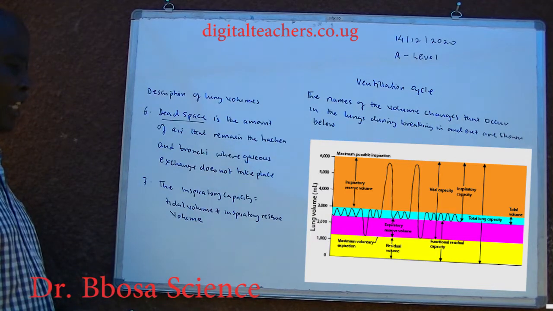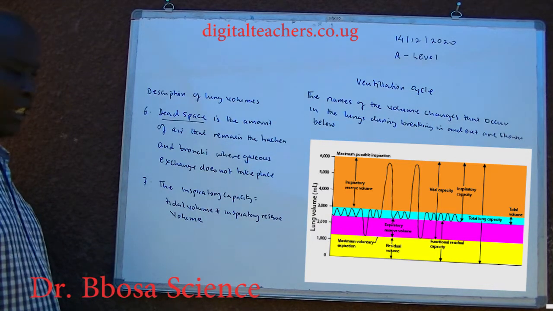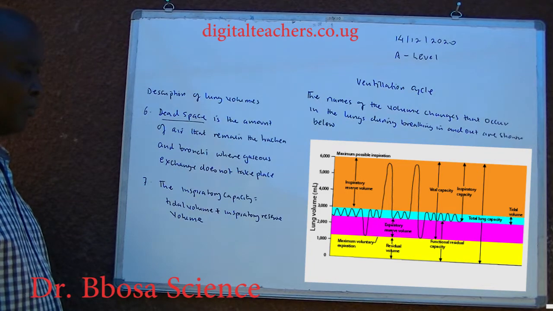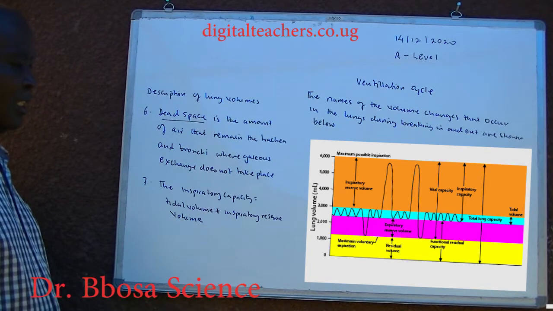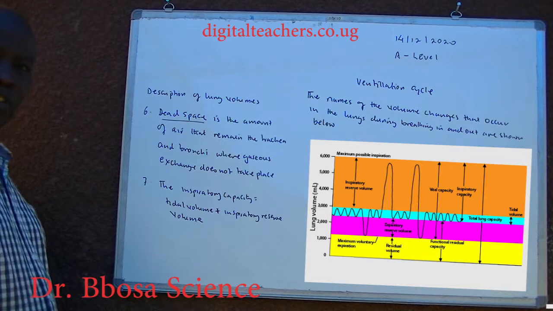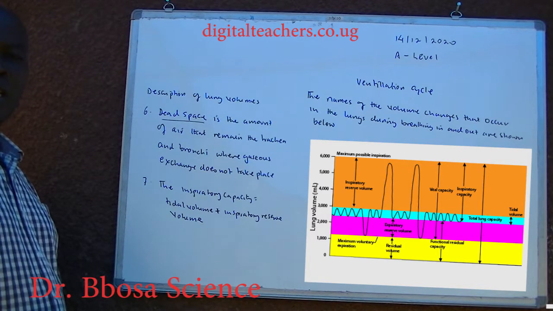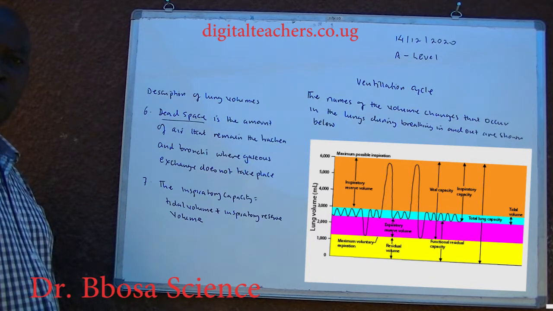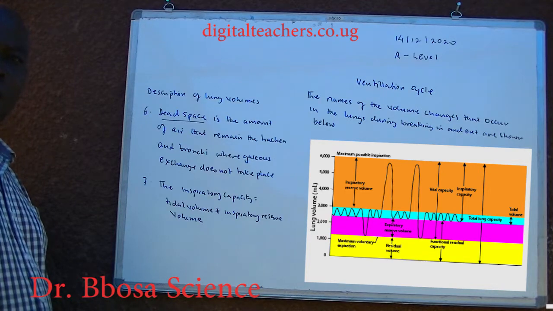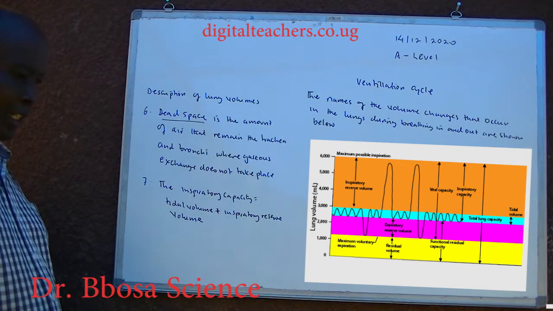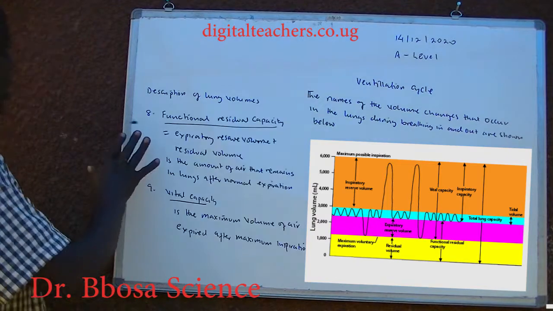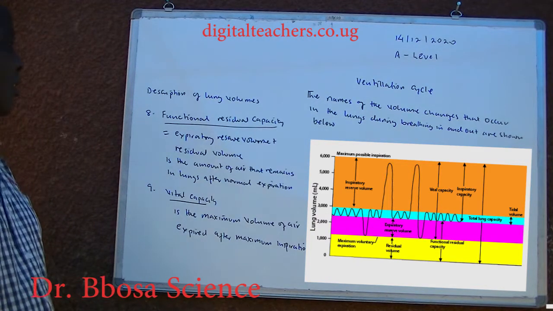The inspiratory capacity is equal to tidal volume plus inspiratory reserve volume, or is the maximum amount of air one can breathe in. 8.